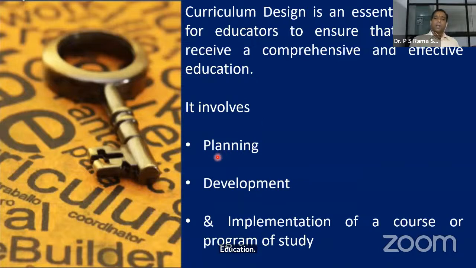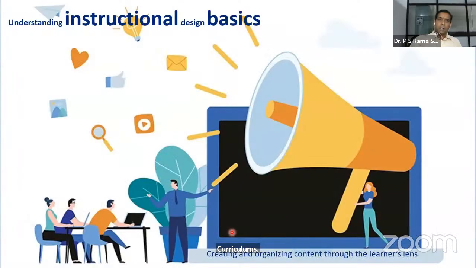So what does it involve? You need planning, you need development, you need implementation. Right? So all the colleges, moving down the line, maybe 5 years or 10 years down the line, we have to completely revamp our curriculums to achieve the lofty goals of NEP.